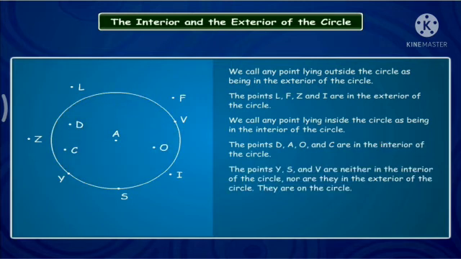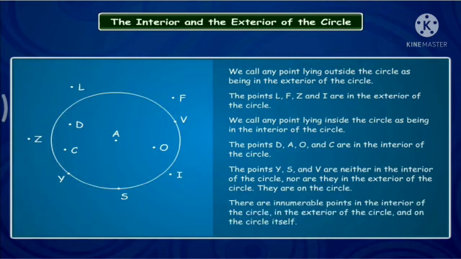Now further we will see the points on the circle. Here the point Y, S and V are neither in the interior part of your circle nor on the exterior part of the circle. They are on the circle. So they are known as the points on the circle.